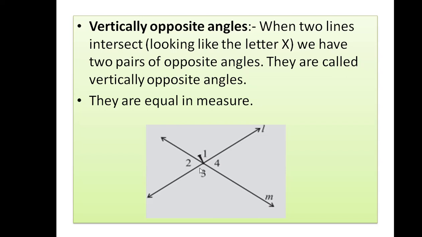You can see they are straight opposite, so it is called vertically opposite, and they are equal in measure. If you measure it, the angles will be equal. So always vertically opposite angles are equal. Same way 2 and 4 are vertically opposite. So angle 2 will be equal to angle 4.